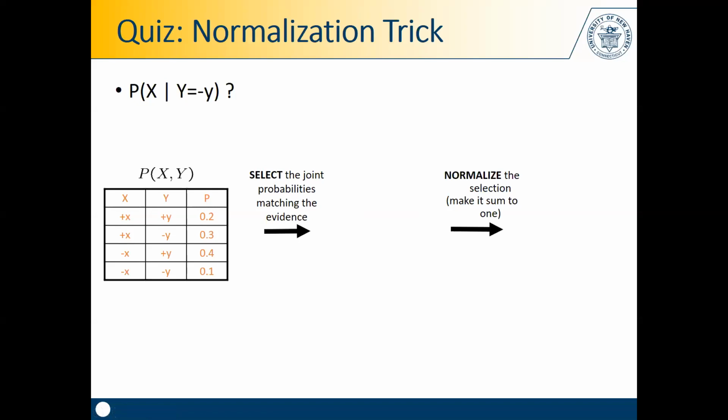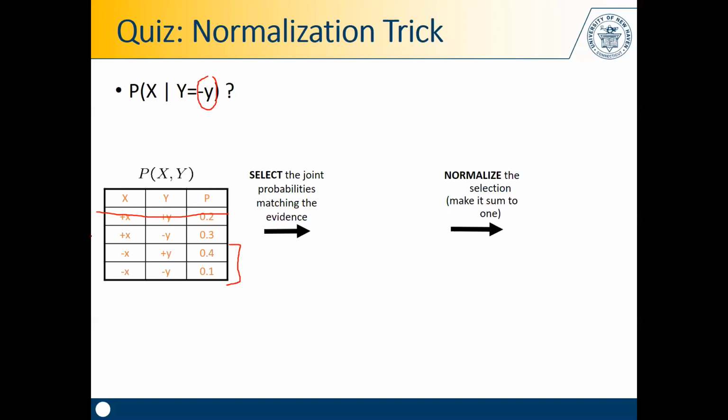Let's see how we can apply this. Let's do one example of the normalization trick and work through it to see if we've fully understood this. We want to find the conditional distribution of X given the assignment of negative y to variable y. And we have this joint distribution here. So in the first step, we select the joint probabilities matching the evidence. Essentially, we are going to select these two joint probabilities.